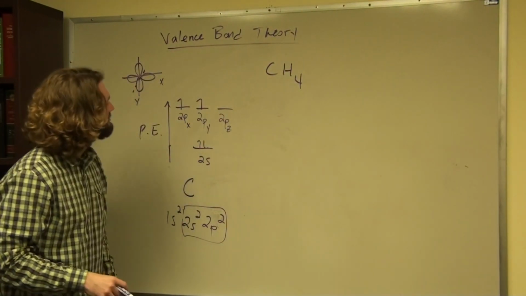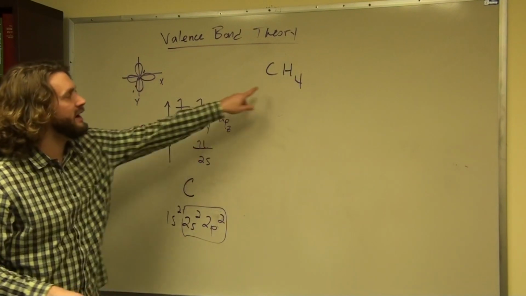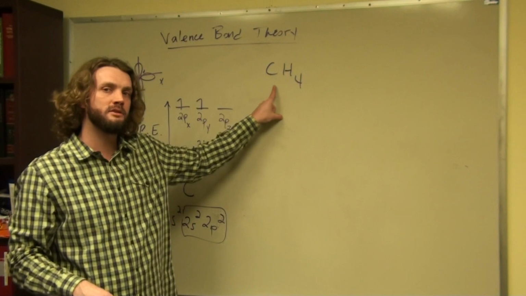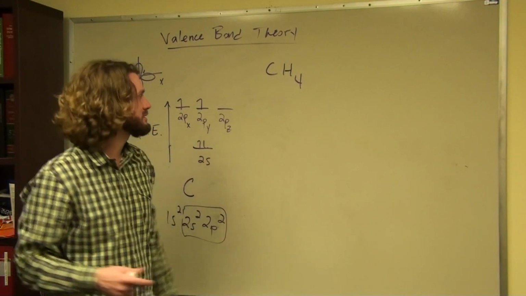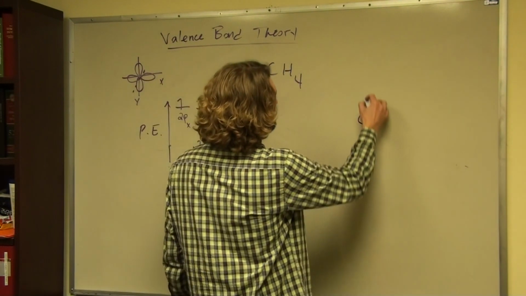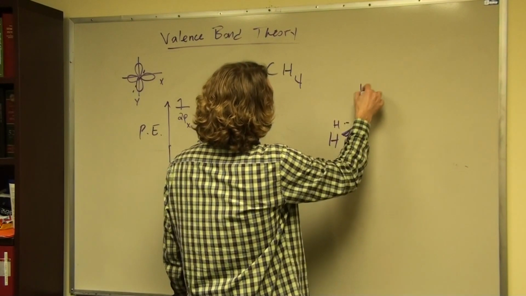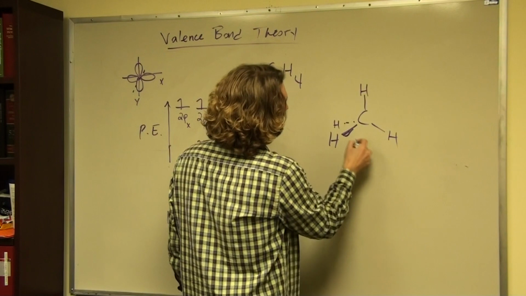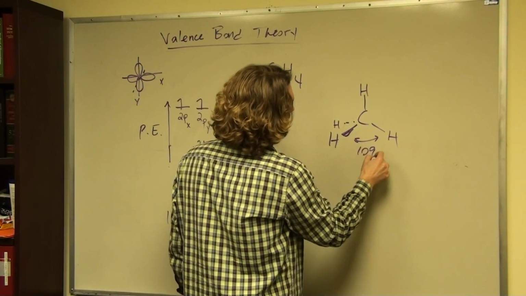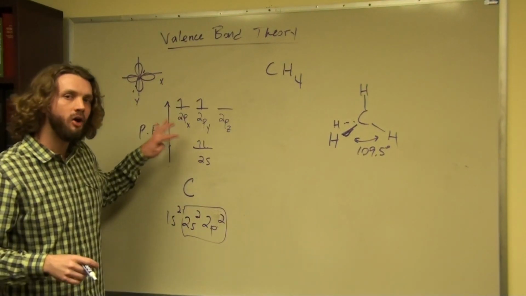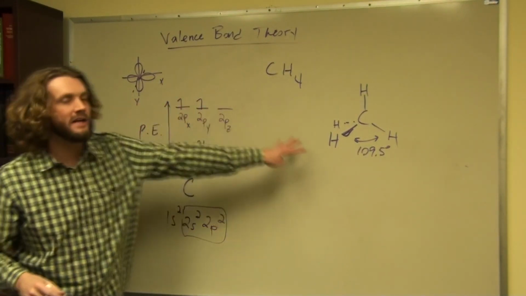But if I'm thinking about it, none of these are pointed in the right direction to give me the shape of methane, which we know based on VSEPR theory, or at least assume based on VSEPR theory, to be tetrahedral. I have roughly a 109.5 degree bond angle, right? It can't be these atomic carbon valence orbitals that lead to that shape.